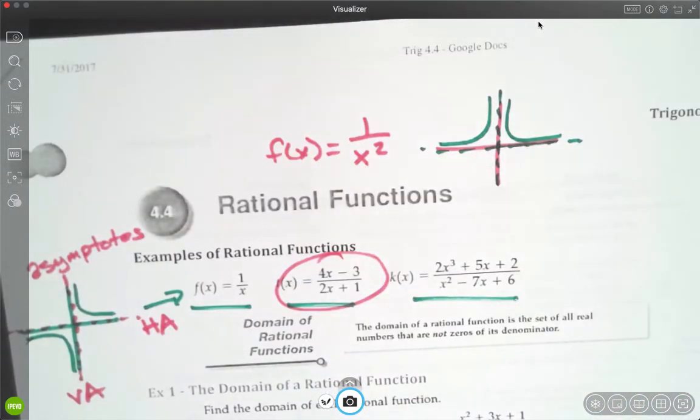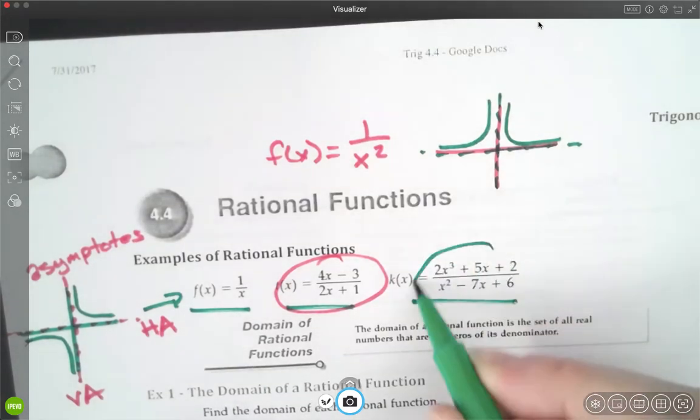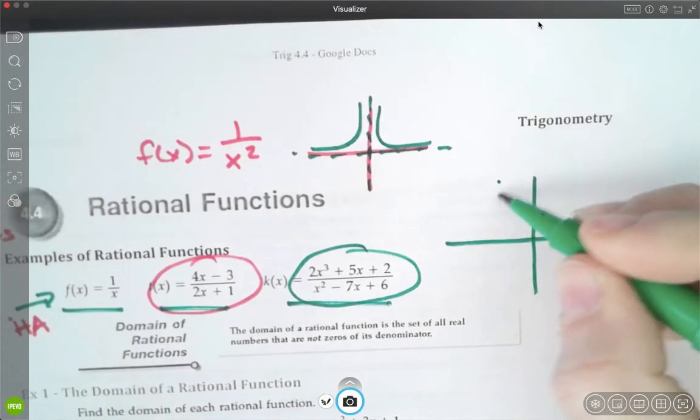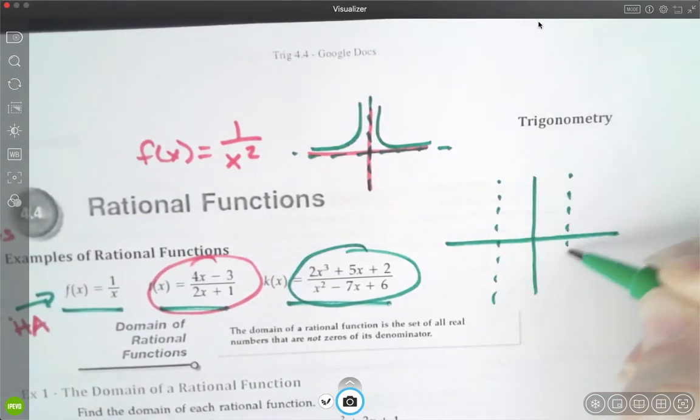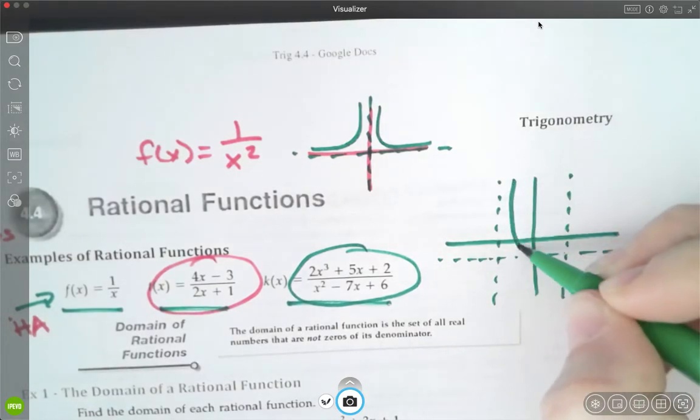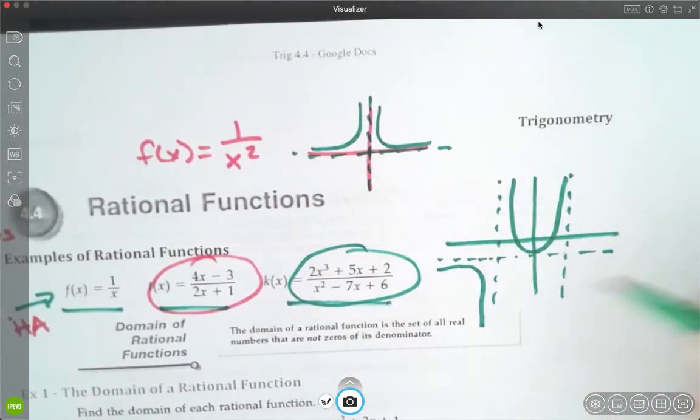Now the more numbers that you put in here, like this third one, may do some really weird, funky things, because sometimes you will have two VAs, and we'll talk about each one of those, and maybe have an HA down here. Sometimes you'll have something like a parabola in the middle.